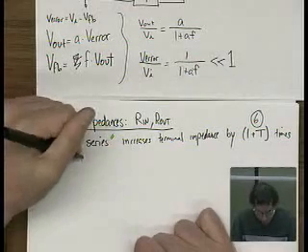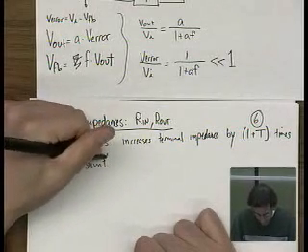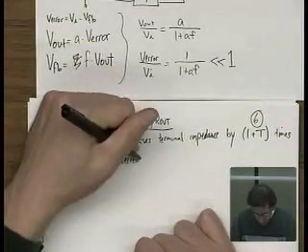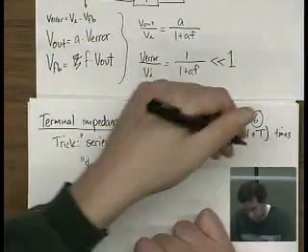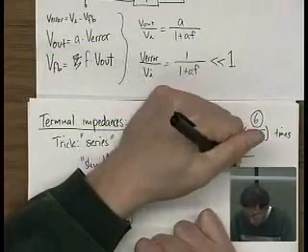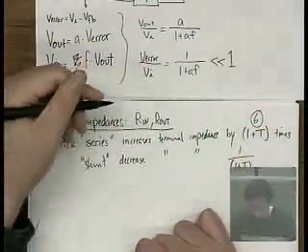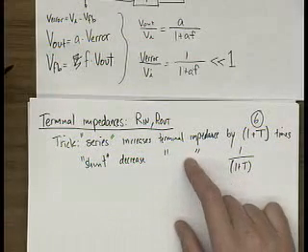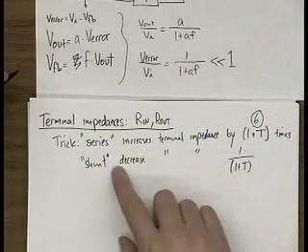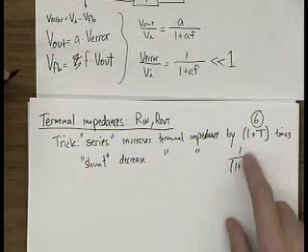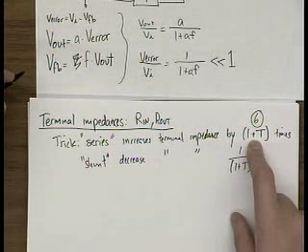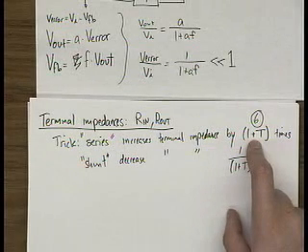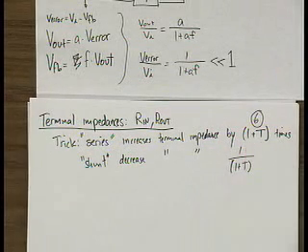Okay, and with a shunt, it decreases by basically 1 over 1 plus T. So what I mean by this is that you take the terminal impedance and divide by 1 plus T, and here you take the terminal impedance and multiply by 1 plus T. So that's a basic trick, and that's a shortcut that you can always employ. But let's sort of see how this happens, okay?